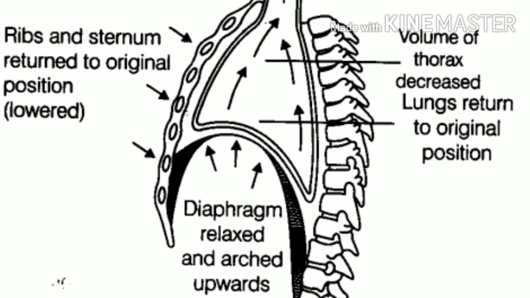This process is done by the relaxation of the diaphragm. Diaphragm relaxation means the diaphragm moves upwards. At the same time, the intercostal muscles between the ribs move down. That results in the chest cavity or thoracic cavity getting into its original position in the dorsal and ventral direction.